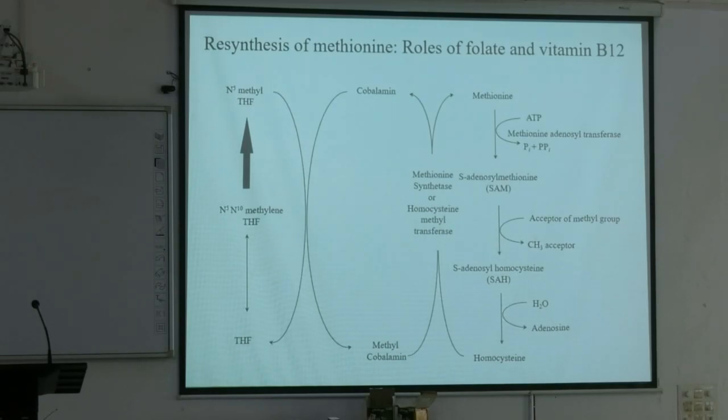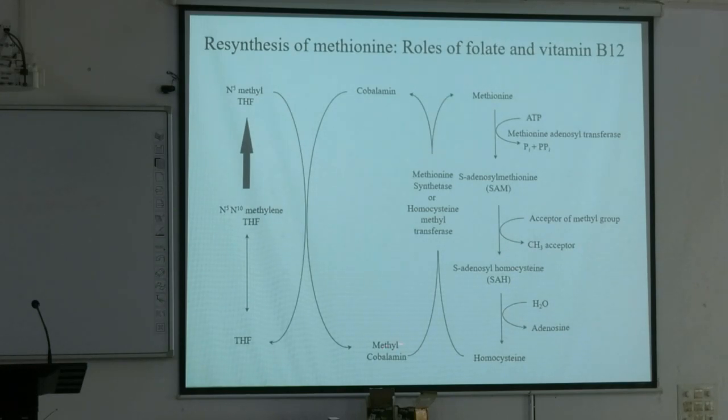Now, which is required in which form? This has been explained in this diagram. Methionine breaks down first to SAM, S-adenosyl methionine, the methyl group donor. SAM becomes S-adenosyl homocysteine, from which adenosine leaves and homocysteine forms. Homocysteine can again form methionine, provided you have vitamin B12 and folic acid in enough amount.